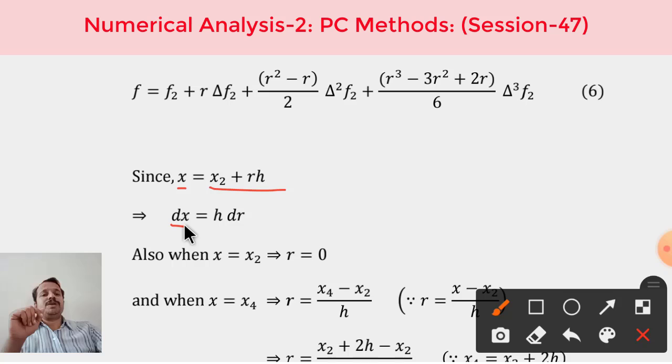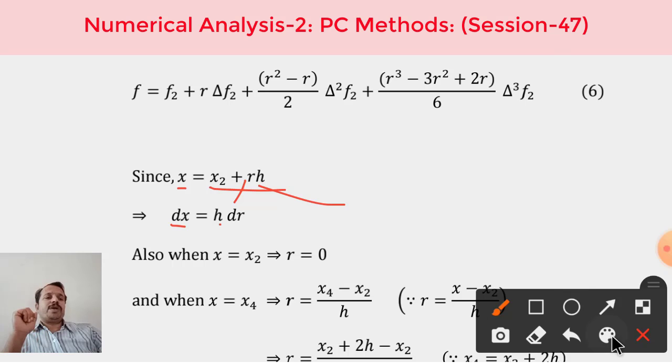Therefore for dx we have to take the differential on both sides. dx is equal to, on the right-hand side, x2 is a constant, so its derivative is 0, plus r becomes dr. h is a constant as it is here. So dx will be h dr. We can write it at that particular place. So x goes off, dx goes off, only r and dr remain.